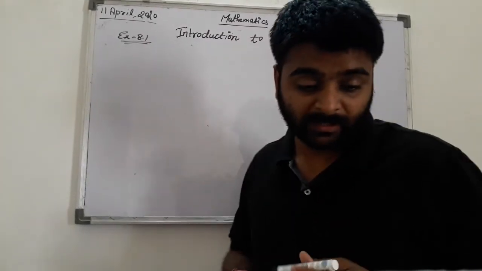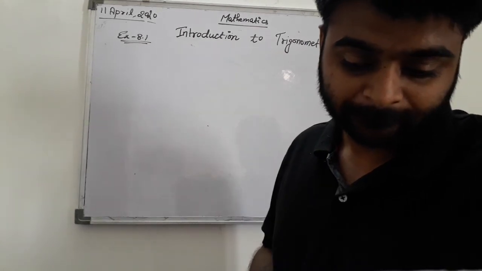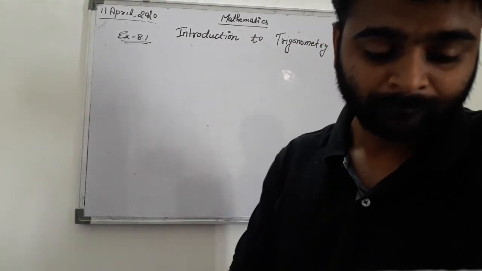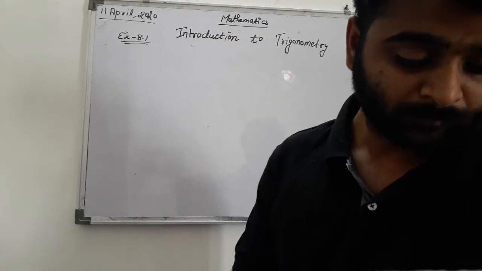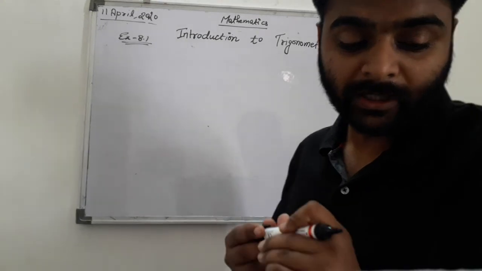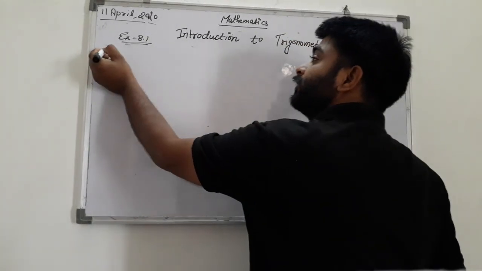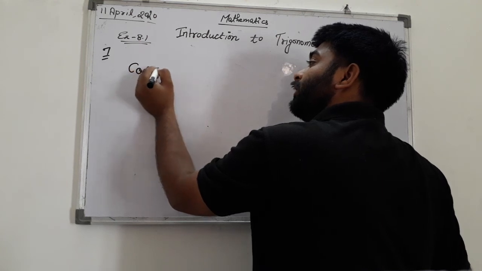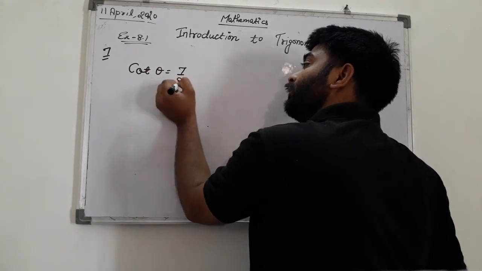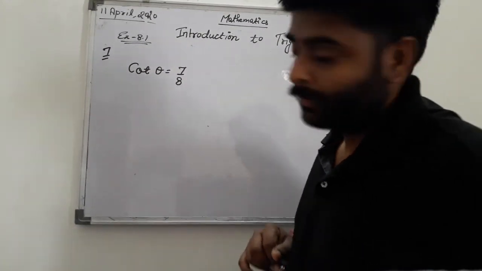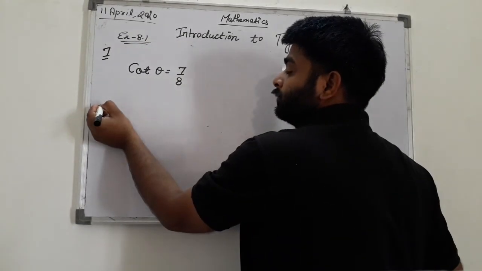Question number 7. What is it saying? If cot theta equals 7 upon 8, in the 7th question it is given cot theta is equal to 7 upon 8. Correct, class? What's the demand?